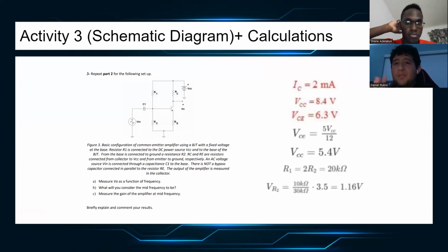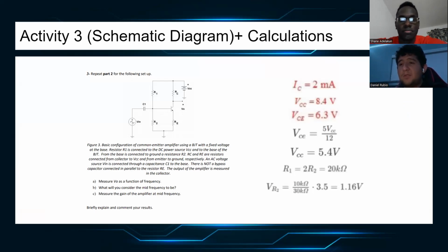This is activity 3, schematic diagram with calculations. We have IC equals to mA, the current, VCC 8.4 volts, VCE 6.3 volts, VCE equals to 5 VCC over 12, where we have VC equal to 5.4.